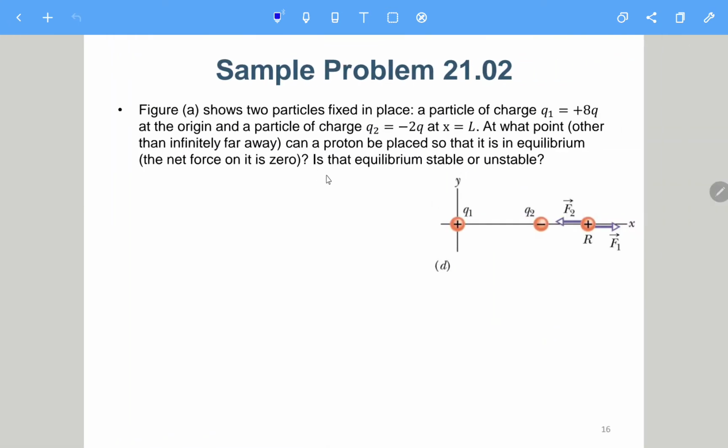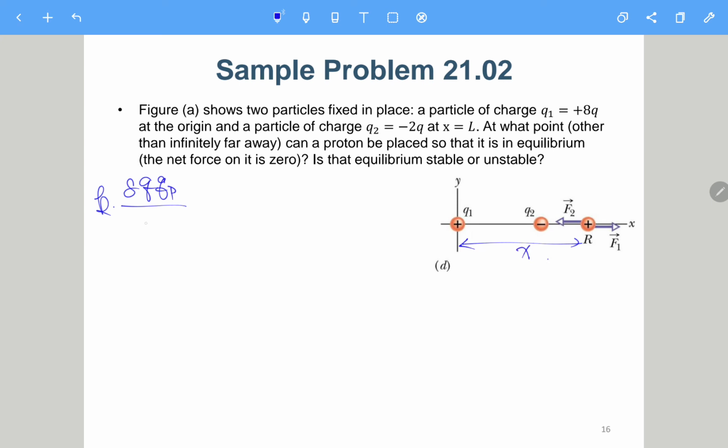Okay, so imagine this case: we have K times 8Q times QP, where QP is the charge of the proton, over x squared, where we assume this distance is x.